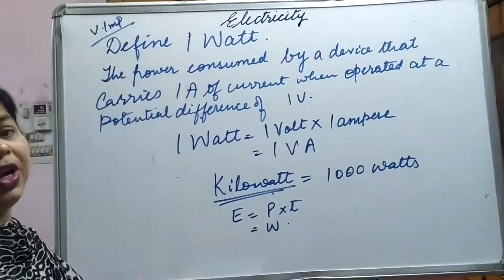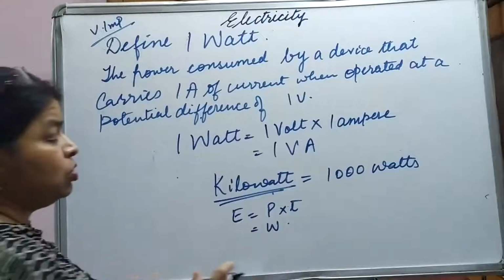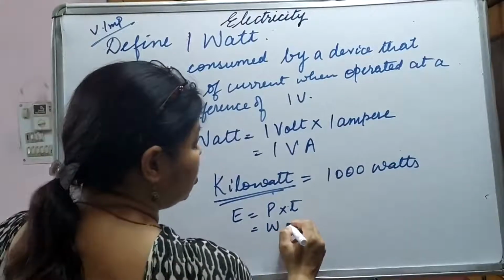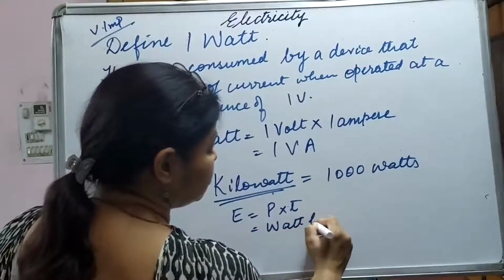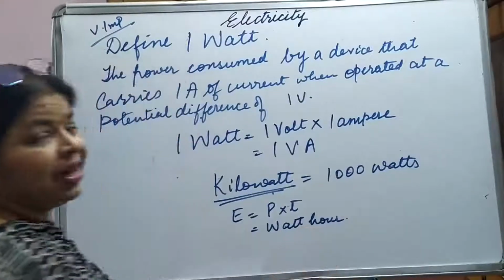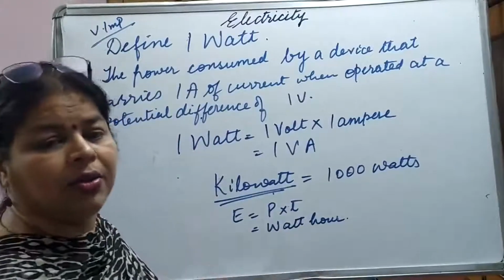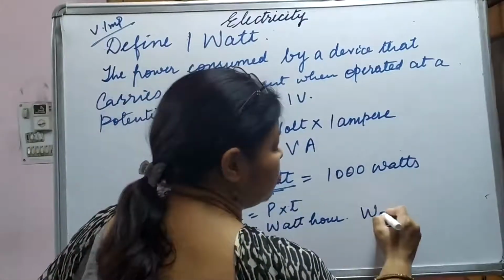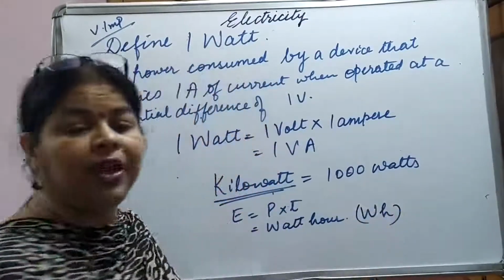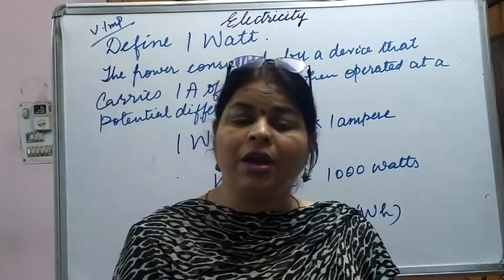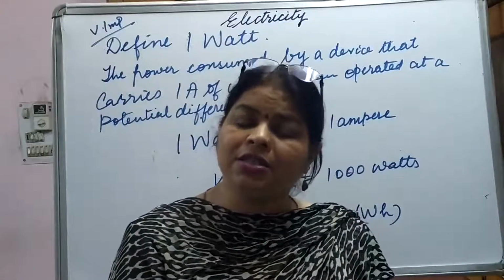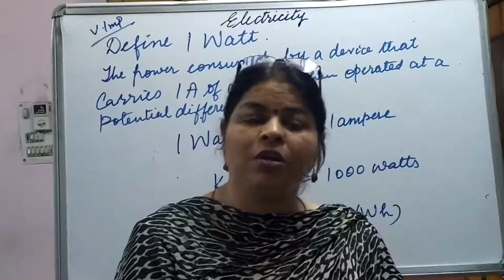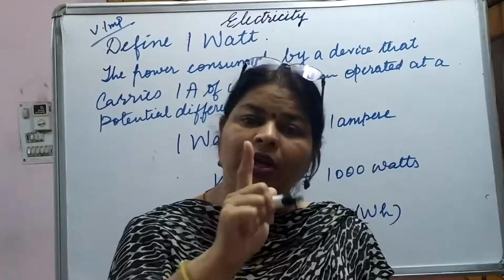We take time in hours, so it becomes watt hour, capital W, small h. But 1 watt hour is the energy consumed when 1 watt power is used for 1 hour.